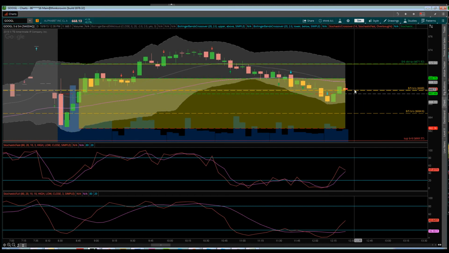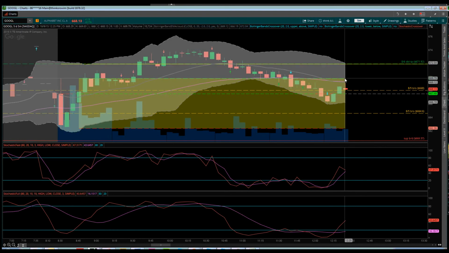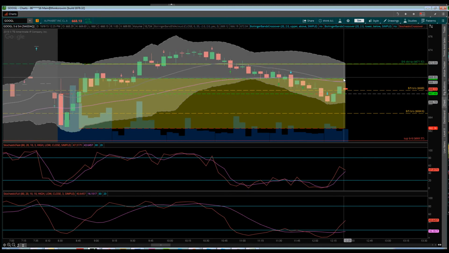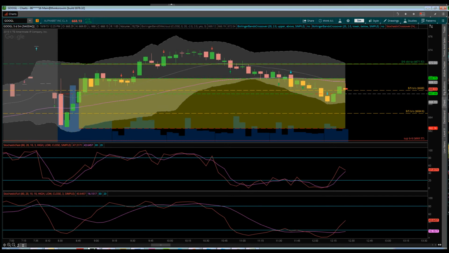So assuming we hold the 668 resistance, which I'm not sure it's going to do, then our next target to the upside is going to be our opening range high, which is around that 669 area, and then if we break out above that, then 671 will be the next resistance above there, with the opening range high acting as our support. So there's a quick glance at an intraday trading strategy, trading pivots on support and resistance levels from an intraday perspective.